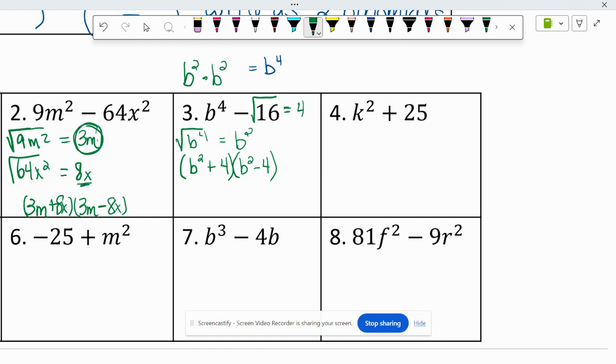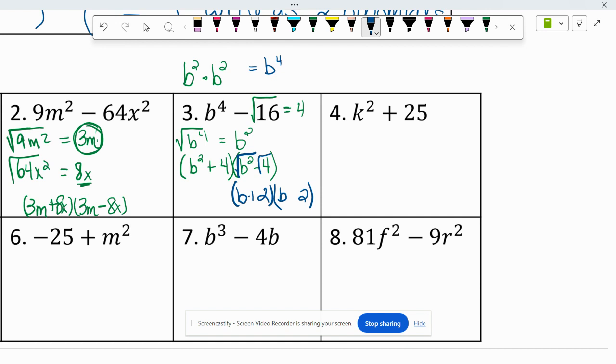Some of you guys got this far on our matching puzzles that we did on Friday. So I really have to figure out what the square root of b squared is. What is the square root of b squared? B, yes, sir, thank you. And what is the square root of 4? 2.